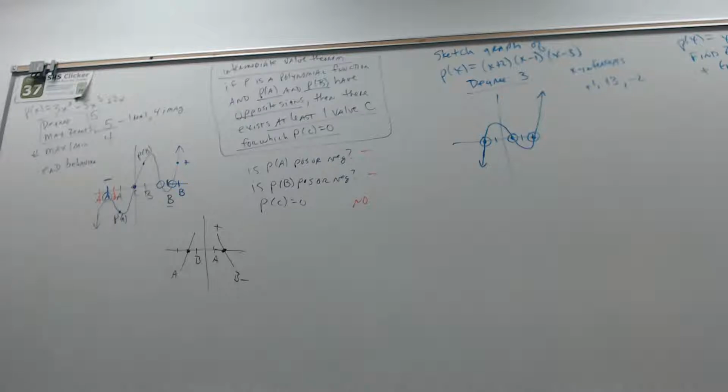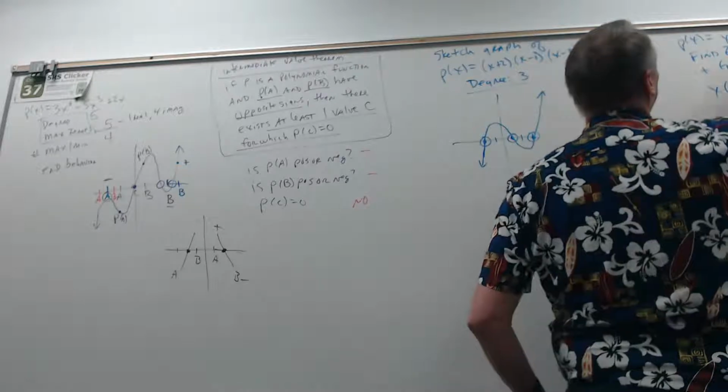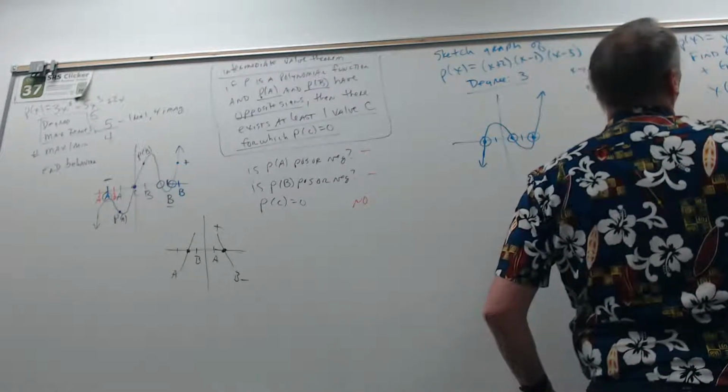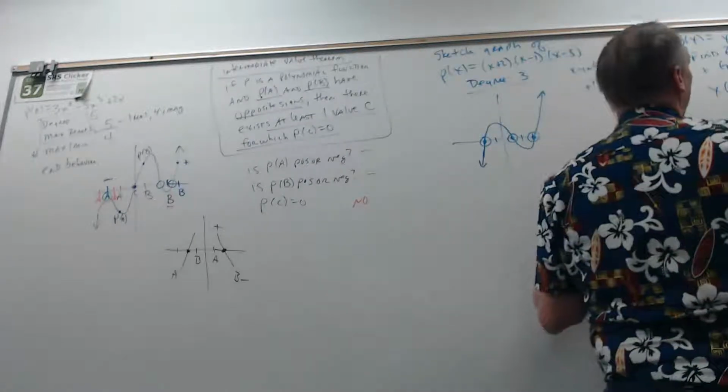So let's pick on Ethan. Can you factor that? So I pull out an x first. X times what's left: x squared minus 2x minus 3. And then can you factor this?